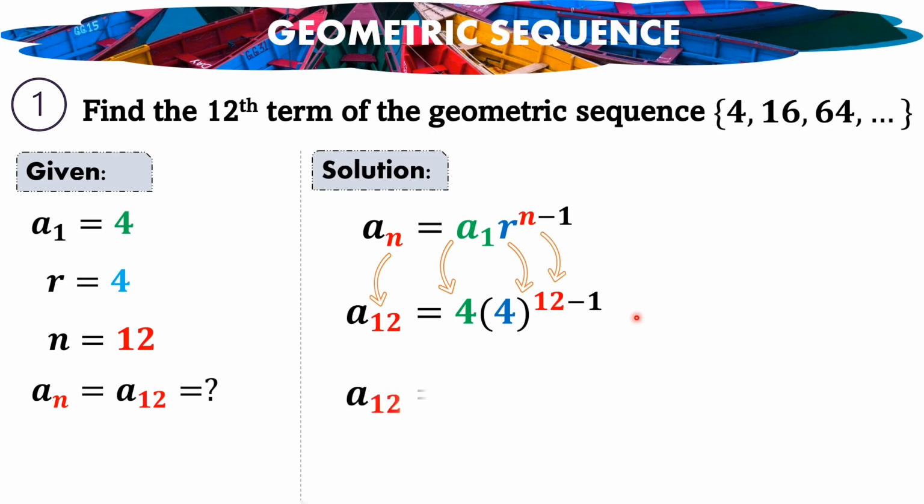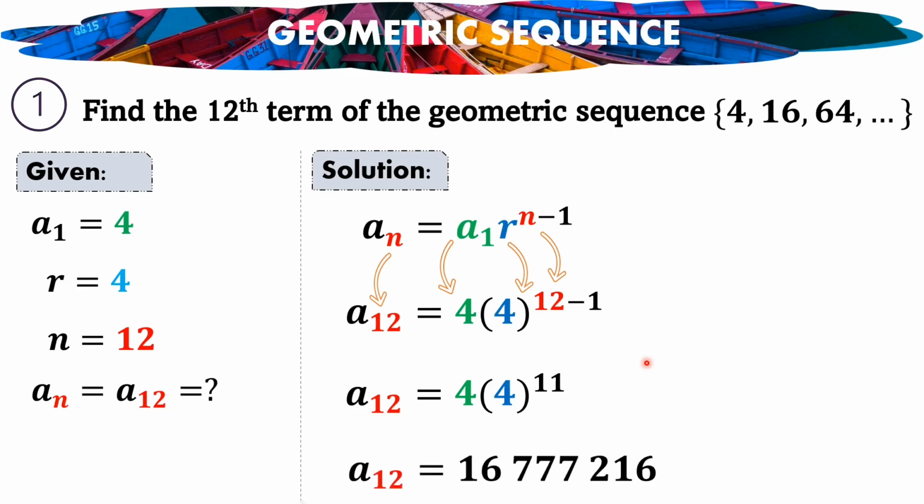Performing the operation, we have a sub 12 equals 4 times 4 raised to 11. Therefore, a sub 12 is 16,777,216.